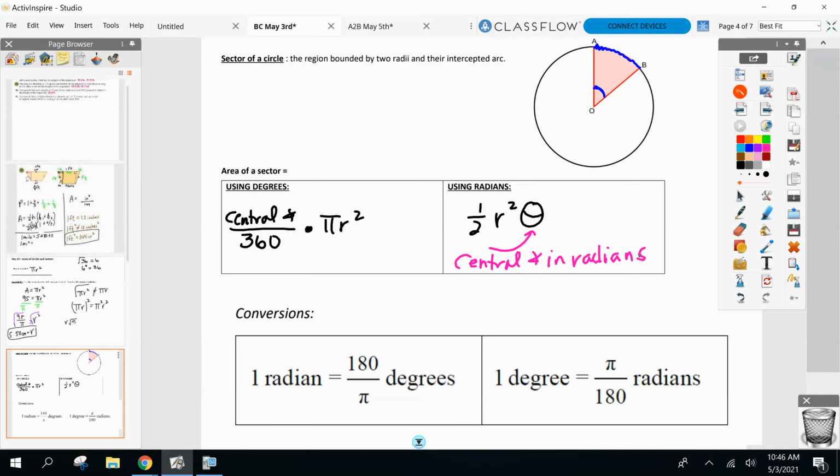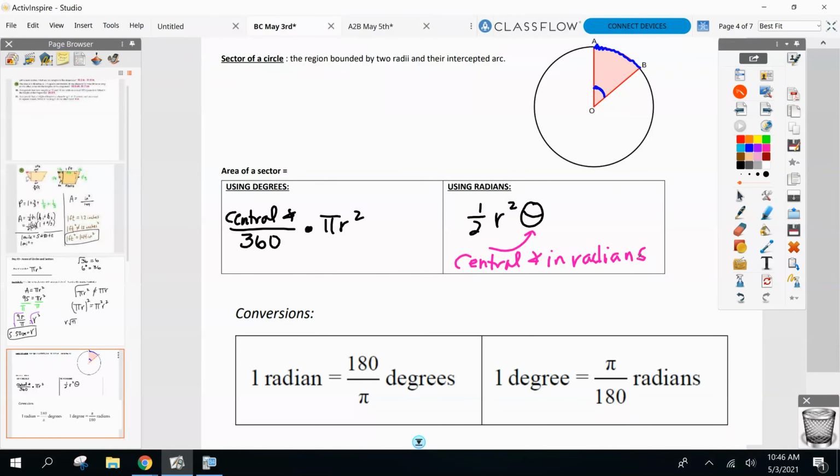All right, here's the deal. Just like when we did arc length last unit, you have to make a personal choice right now. Do I memorize both formulas? If I just memorize one, then I better be able to convert into degrees or radians. For example, if you just remember the degree formula, central angle over 360 times pi r squared, but you get a quiz problem in radians and don't remember the radian formula, you'll have to convert back to degrees.